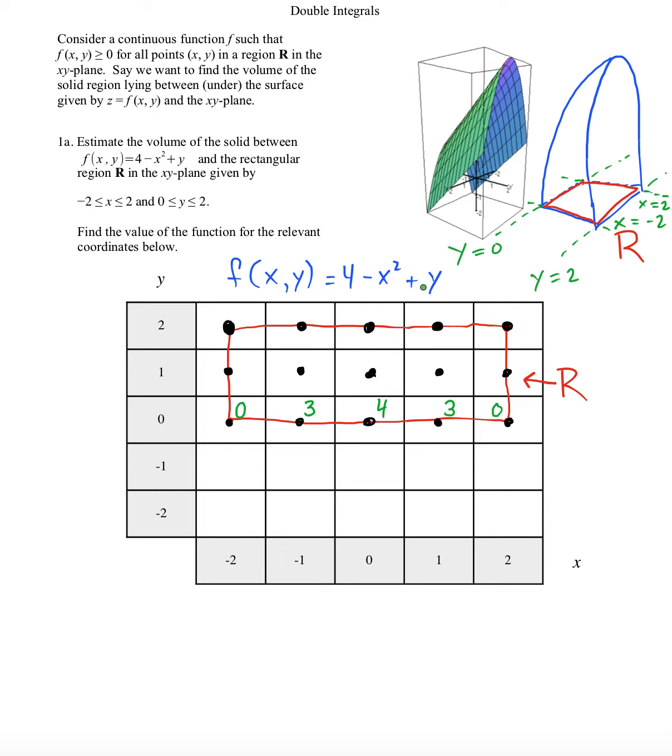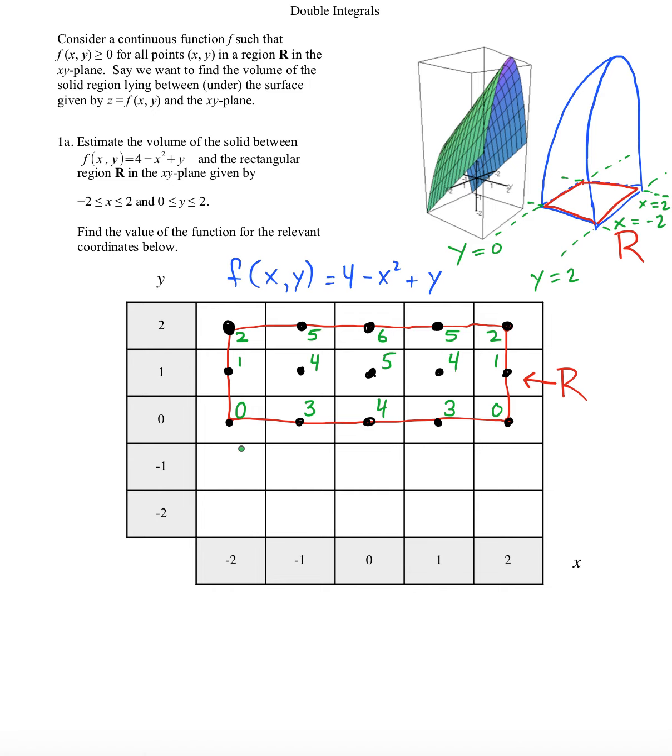Next, we're going to add y to the same values that we had here. So we'll get 1, 4, 5, 4, 1, and then finally 2, 5, 6, 5, 2.